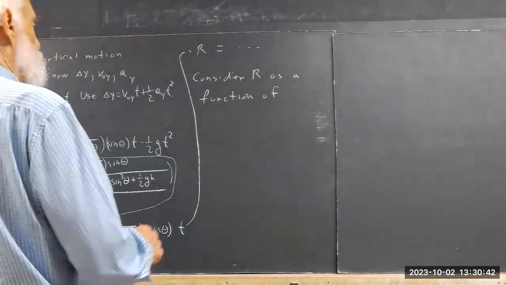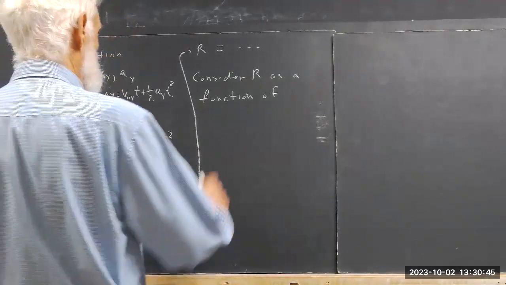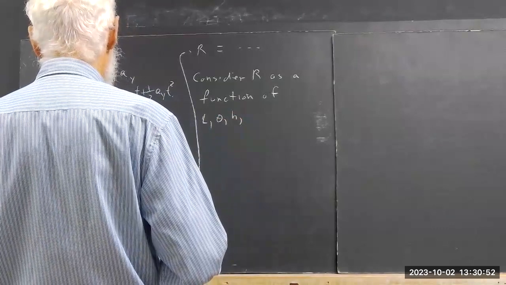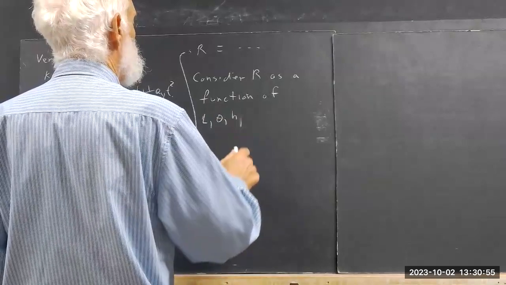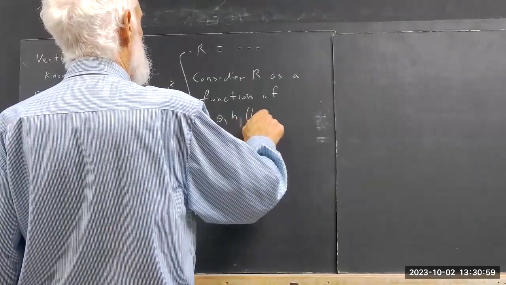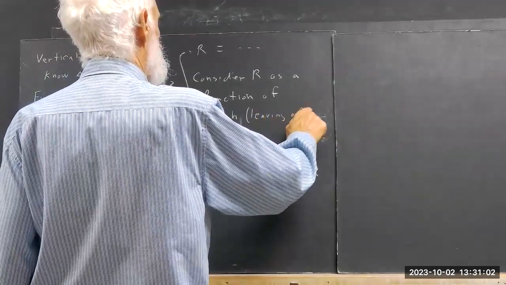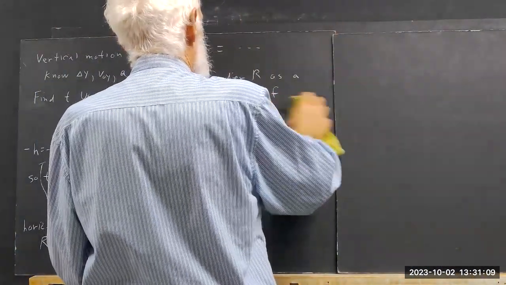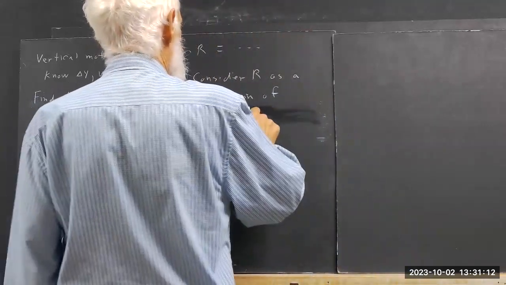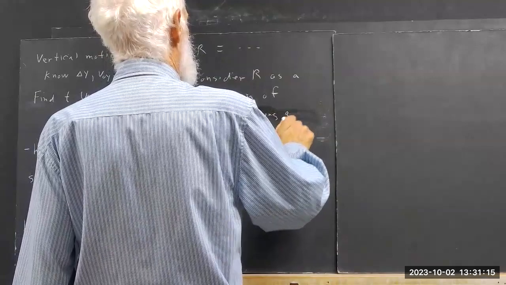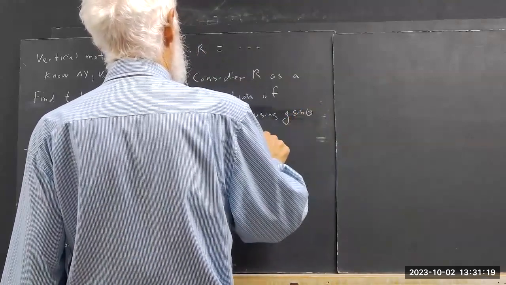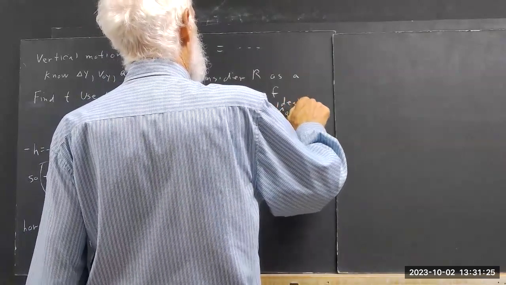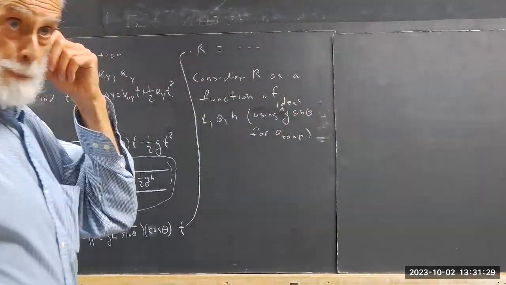Okay, so consider R as a function of what? Well, L, theta, H. We're using the ideal G sine theta for a ramp, okay?